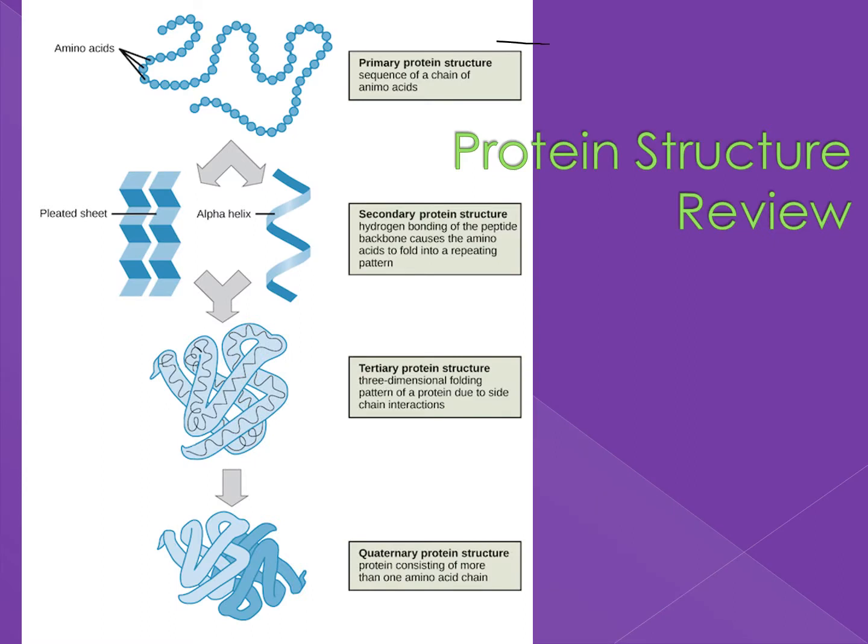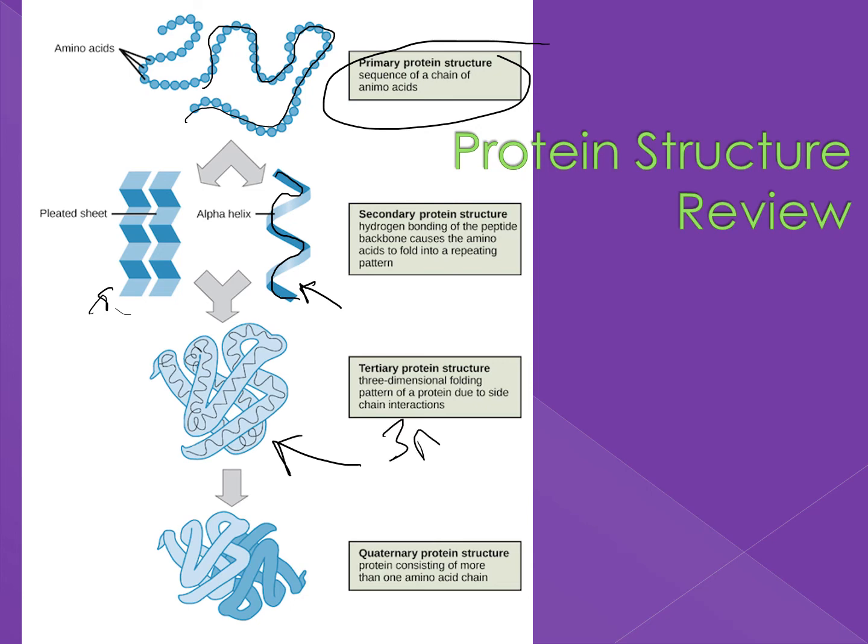Protein structure. There is primary protein structure, which is the sequence of amino acids, and that is programmed by our genes. Secondary structures are repeated things that occur across many different proteins. We have alpha helices right there, and we have beta pleated sheets. These contribute to tertiary structure. Tertiary structure is when it acquires a 3-dimensional shape.